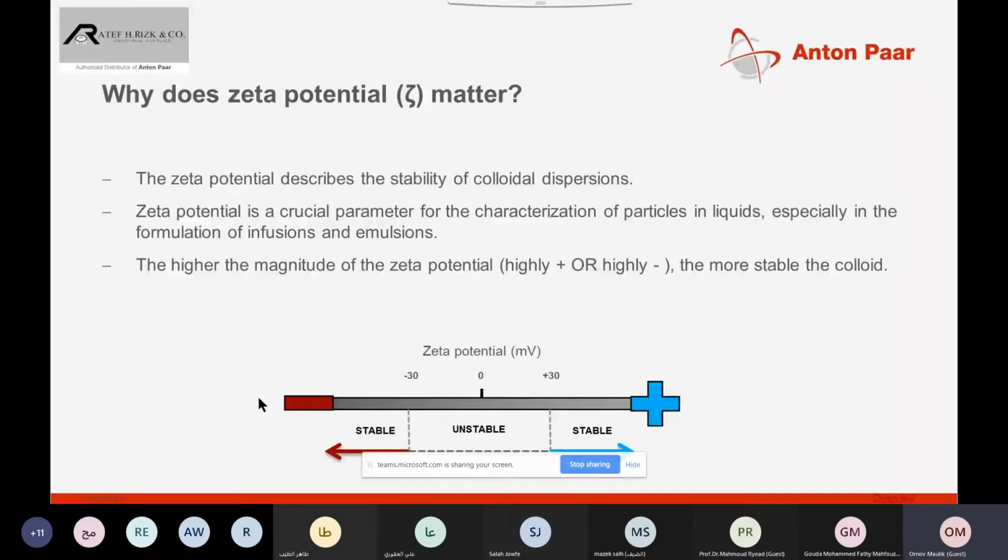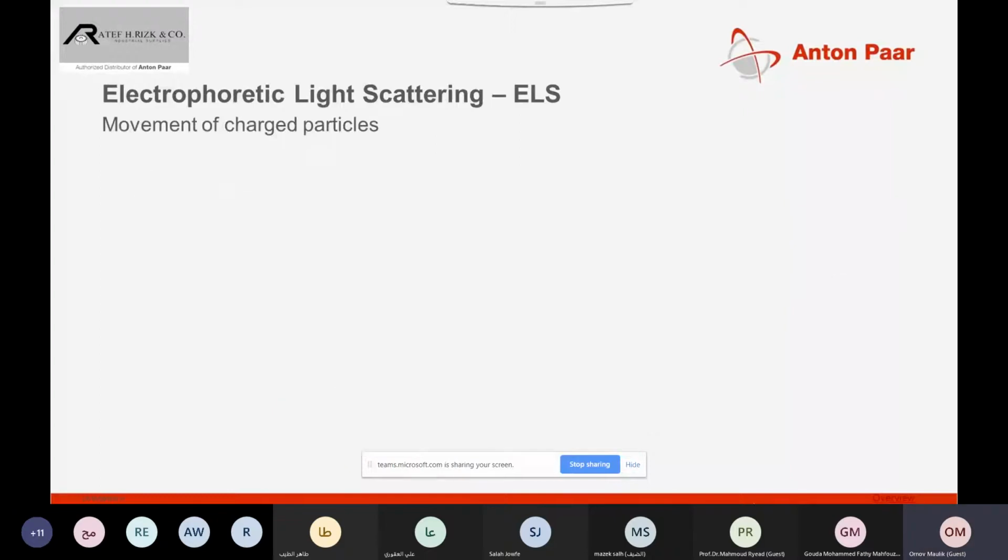So for example, an emulsion with a zeta potential of minus 40 or minus 50 millivolts is much more stable than an emulsion having a zeta potential of minus 5 millivolts. So this is a basic estimation of a stable solution or emulsion.